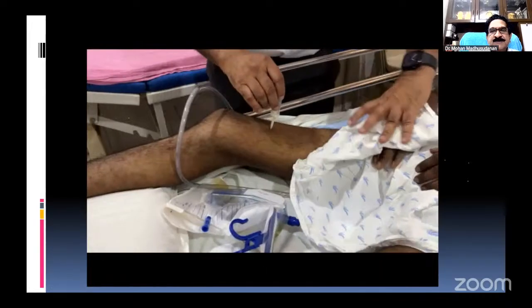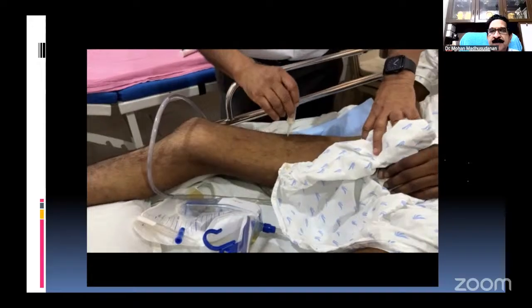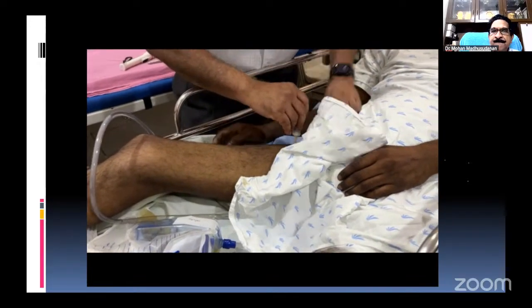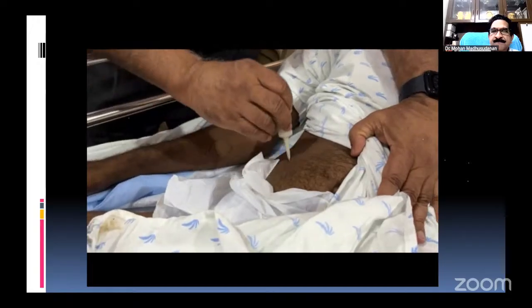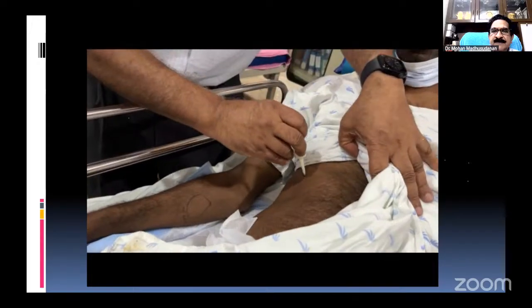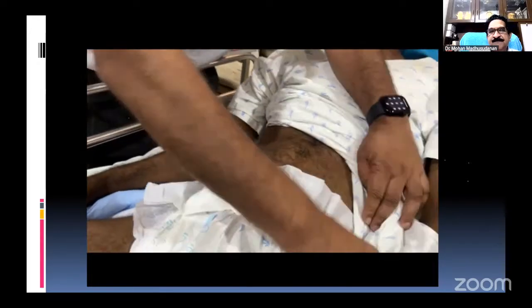Pain he was not able to feel in the lower limb, and he will tell you the level where he feels the pain. That's the area where he feels the pain.